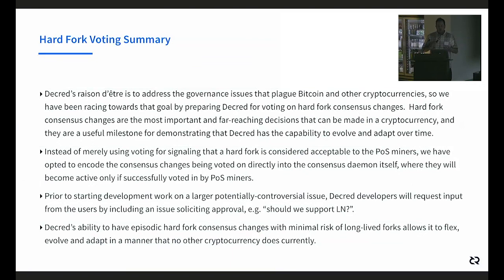We can have episodic hard forks with a very low risk of long-lived minority forks, something similar to the ETH Classic debacle, where people really wanted to not make some rule changes and then were able to stick it out long enough to keep the currency going. We make that a lot harder, so the probability of that happening is going to be much, much lower.